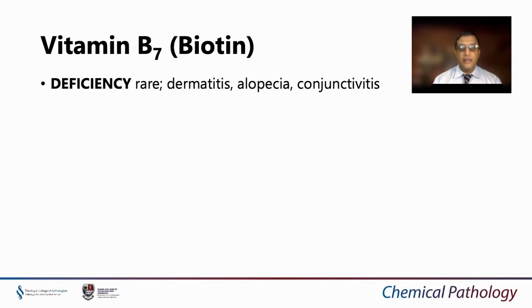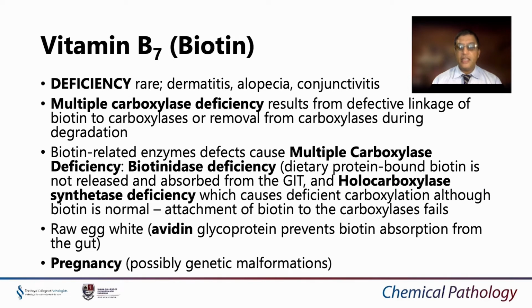B7 biotin. Clinical deficiency is rare but can present with dermatitis, alopecia, and conjunctivitis. Deficiency states can result from multiple carboxylase deficiency. This results from defective linkage of biotin to the carboxylases, or alternatively, removal of biotin from the carboxylases during degradation.